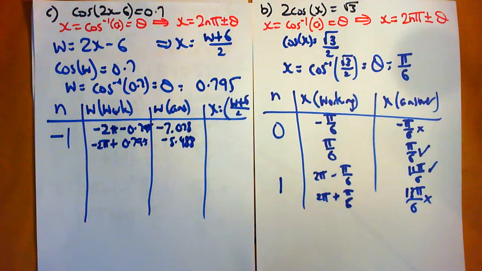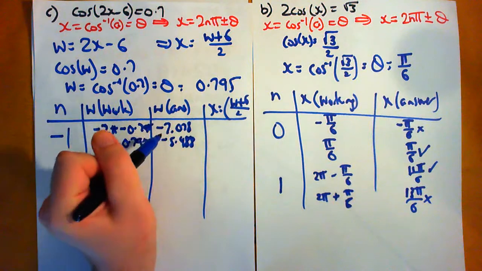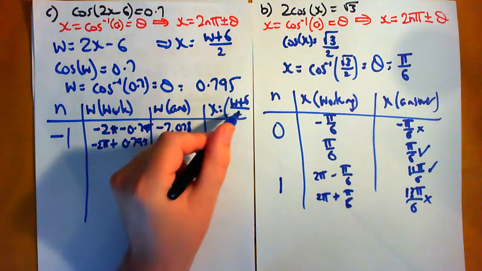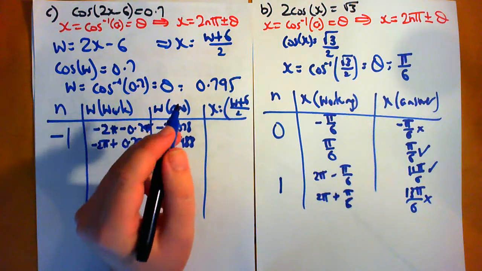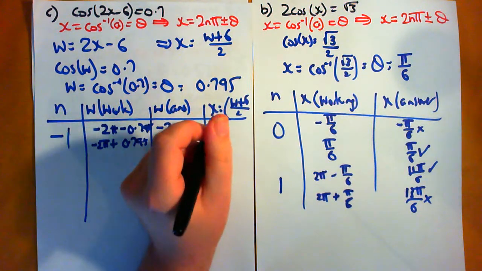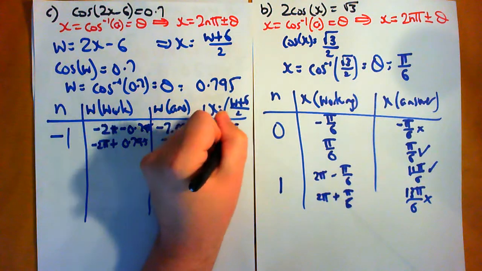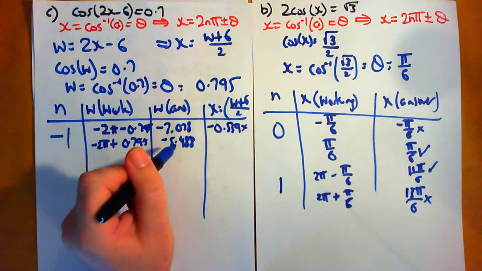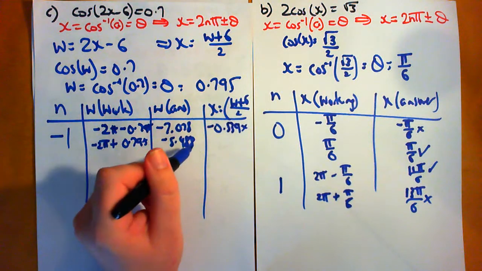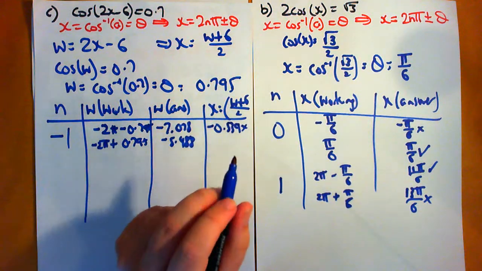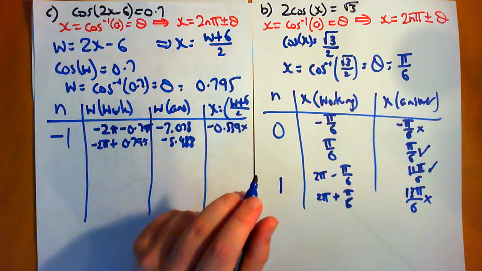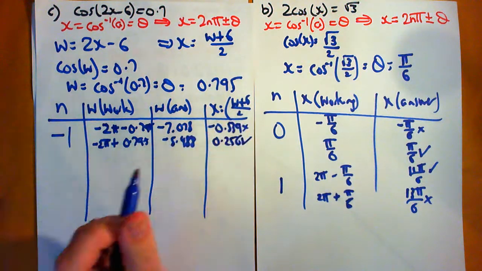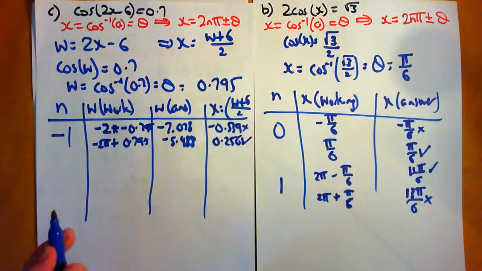Okay, so if we substitute minus 7.078 plus 6, divide that by 2, we get negative 0.539. That solution is too small, but if we work out negative 5.488 plus 6, divide that by 2, we get 0.256, which is within range. It's between 0 and 2 pi.